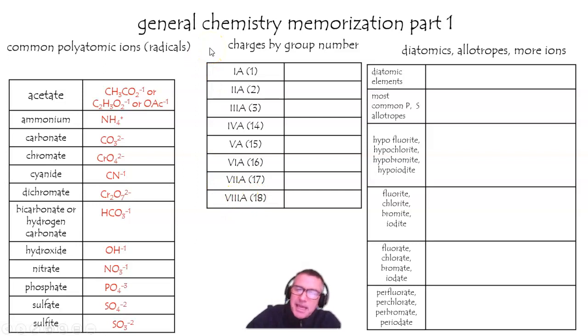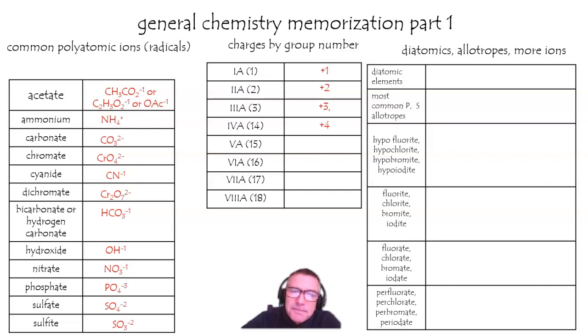Each one of these columns has a typical charge for any of the elements within that column. Let's go ahead and go over them. The first one has a charge of +1. It prefers to lose 1 electron. 2 is +2. 3 is +3. Hey, this is easy. 4 can be +4, but carbons in that group oftentimes will share electrons.